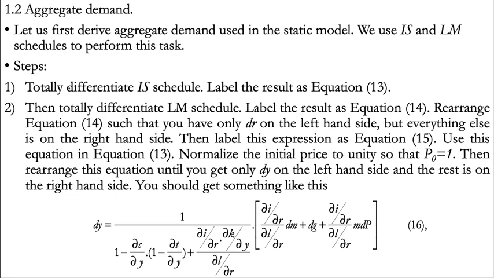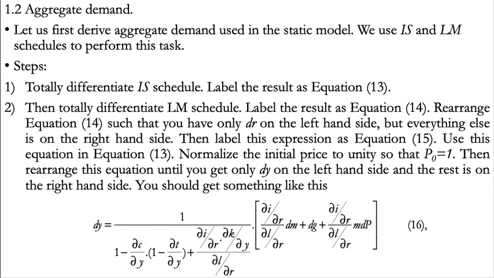So first, totally differentiate the IS schedule. Label the result as equation 13. And then what you need to do next is totally differentiate the LM schedule. Label the result as equation 14. Now rearrange equation 14 such that you have only dr on the left-hand side, and everything else should be on the right-hand side.